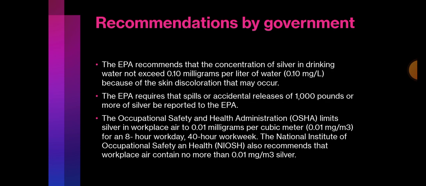The Occupational Safety and Health Administration limits silver in workplace air to 0.01 milligrams per cubic meter for an 8-hour work day, 40-hour work week. The National Institute of Occupational Safety and Health also recommends that workplace air contain no more than 0.01 milligram silver.